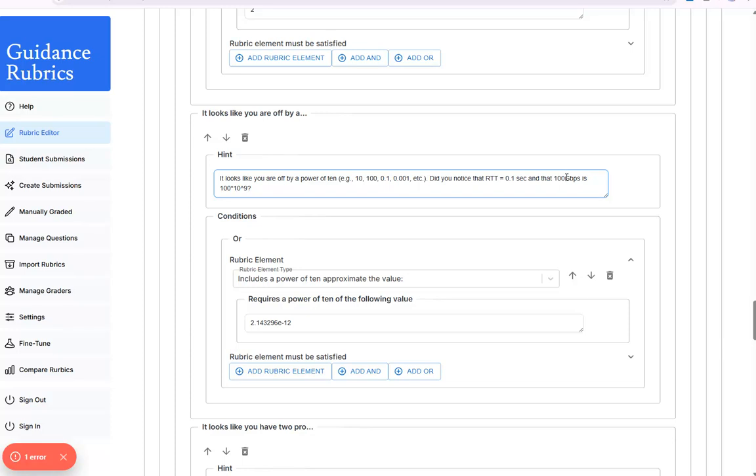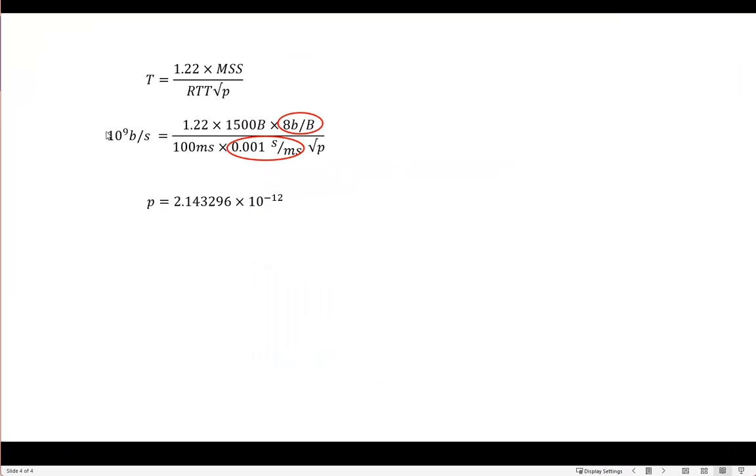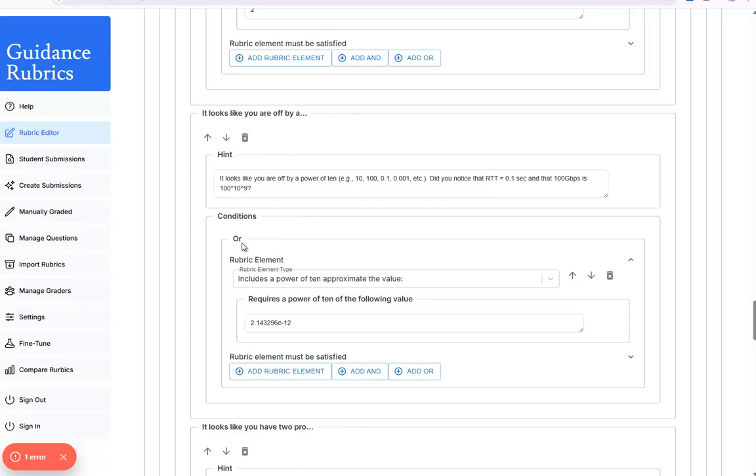People forget that a gig is 10 to the 9th and so on. In fact, I have it incorrect on here. It should be 10 to the 11th there. So this is a prompt which can detect off by a power of 10.